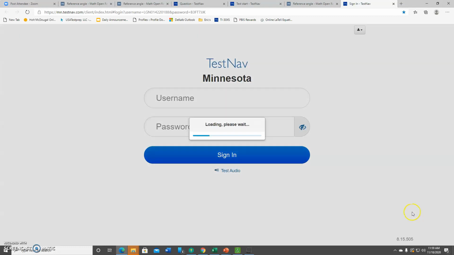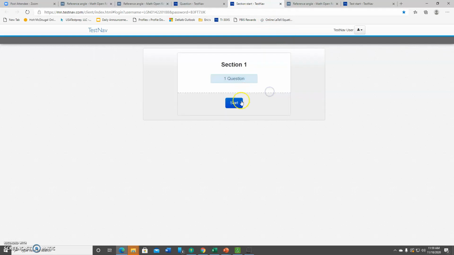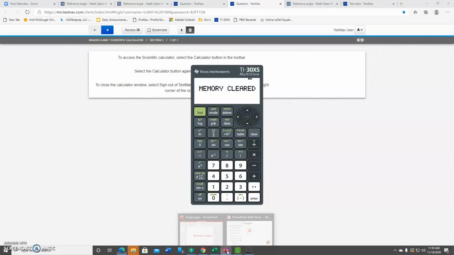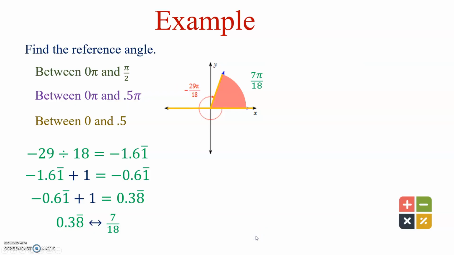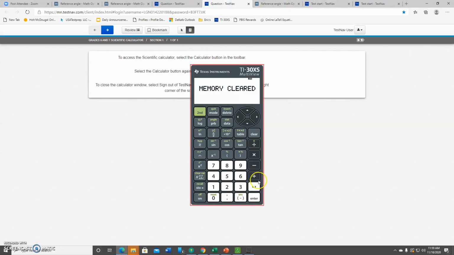I'll go to the calculator to demonstrate what just happened. The values we had were 29 over 18. So negative 29 divided by 18.